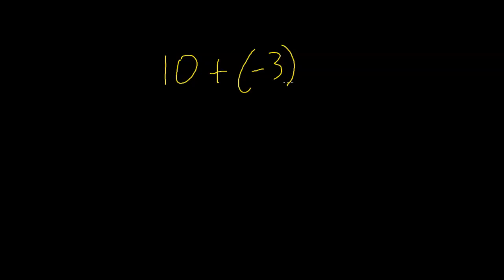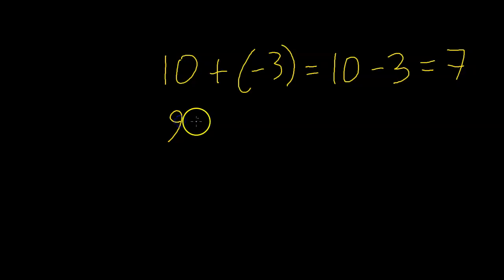For example, if you get a debt, you got something negative, that's kind of like taking money away, right? So adding a negative is exactly like subtracting a positive. 10 plus negative 3 is just 10 minus 3, and we know how to do 10 minus 3, right? That's 7.